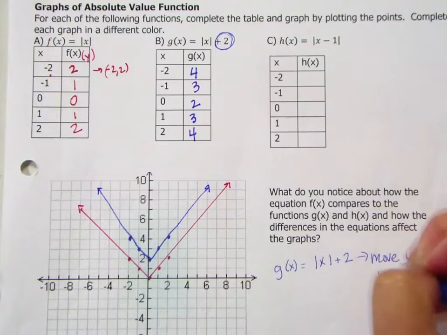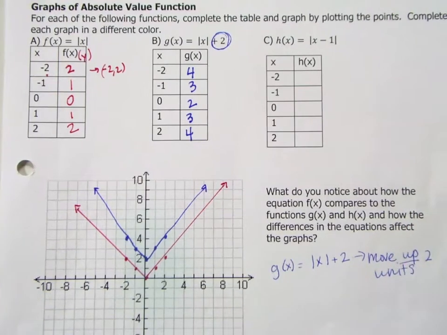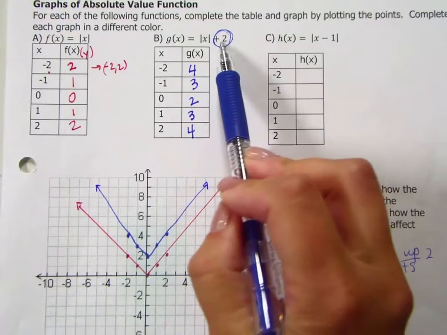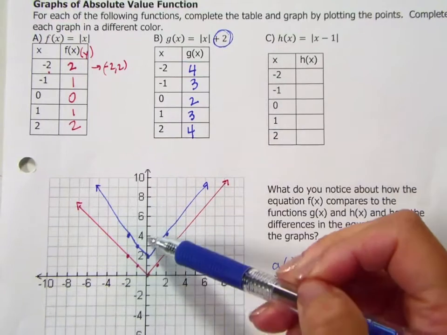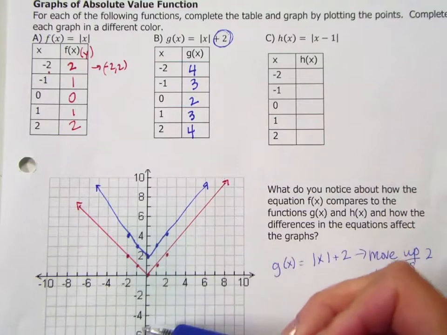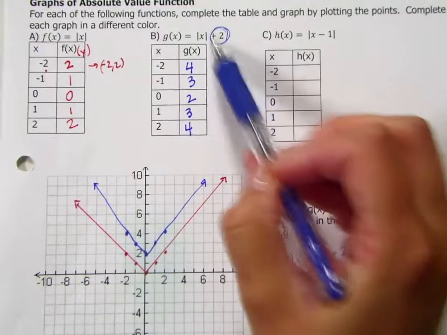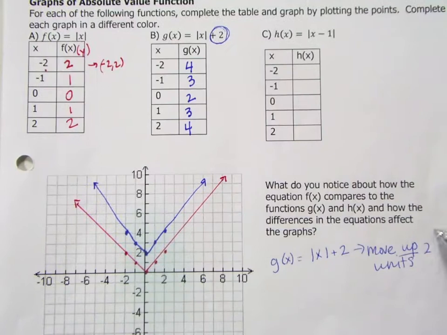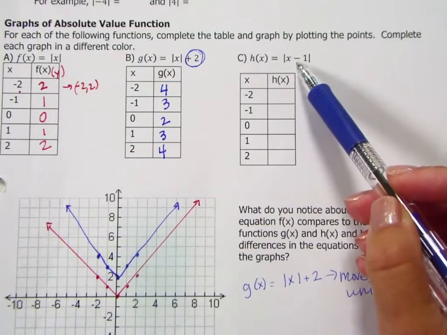And this is a specific example for a general thing. Let's say we had a +3 there. It would have moved the original up 3. If we had a -5 there, it would have moved the original down 5, okay? So when you have that plus or minus on the outside of the absolute value, that's going to move your graph up or down. Now let's look at putting a plus or minus inside the absolute value.